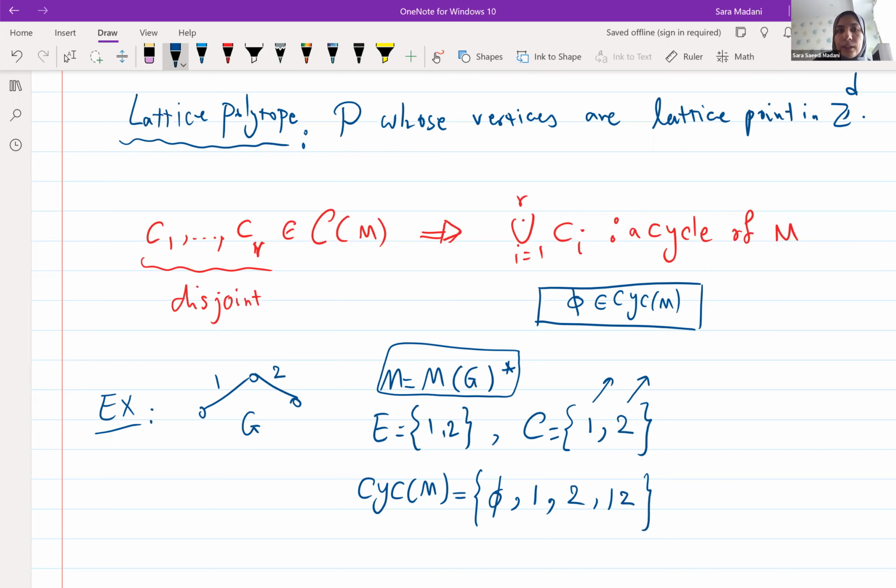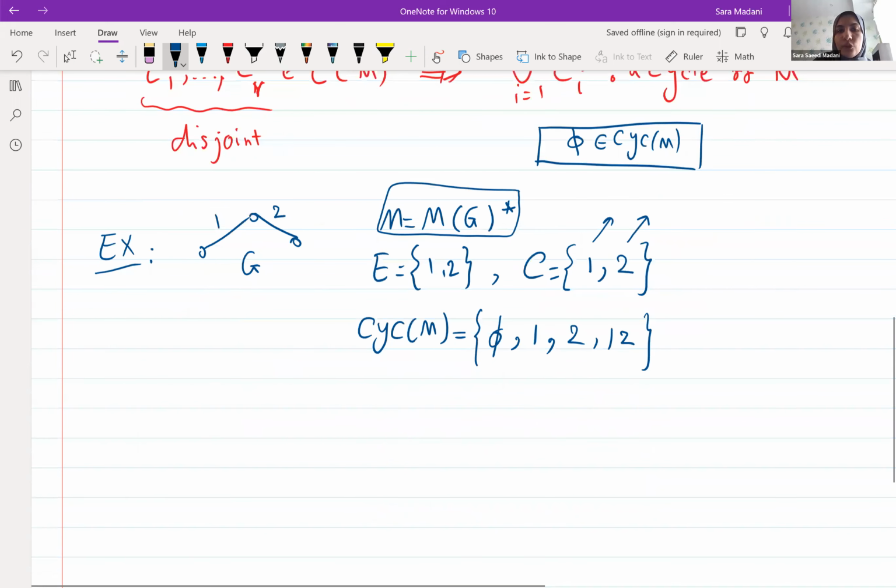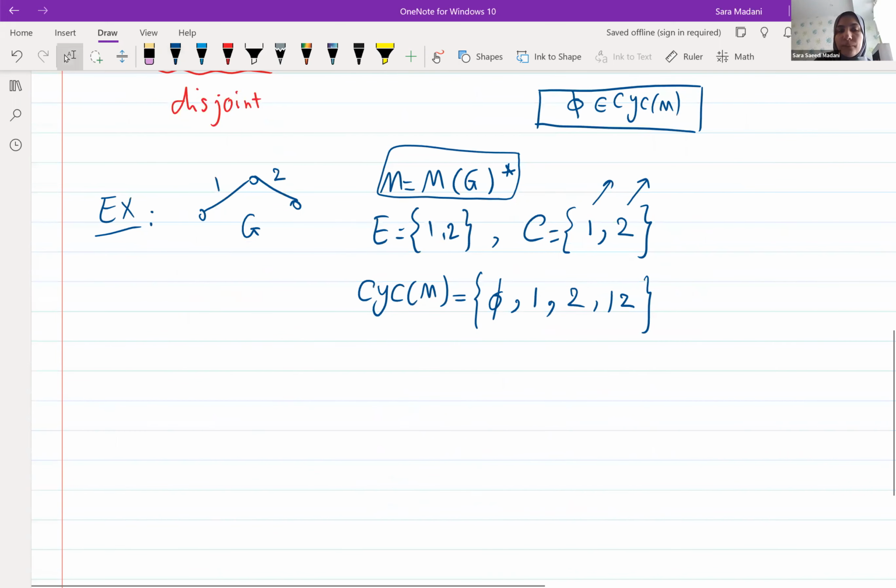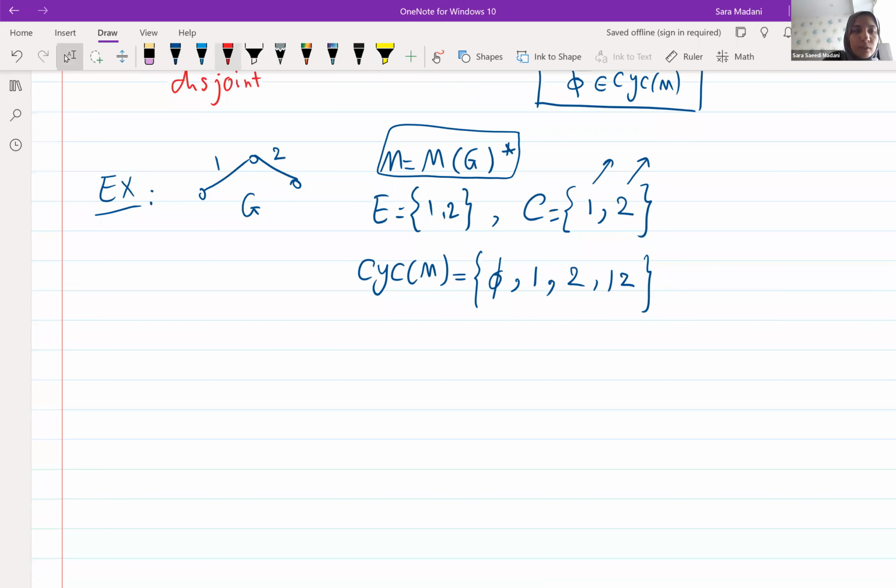And now it's time to define my polytope. The cycle polytope of a matroid, it's clear that we are going to work with cycles of a matroid.